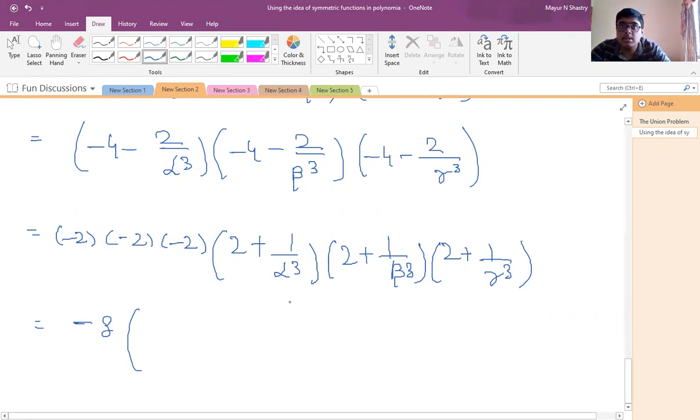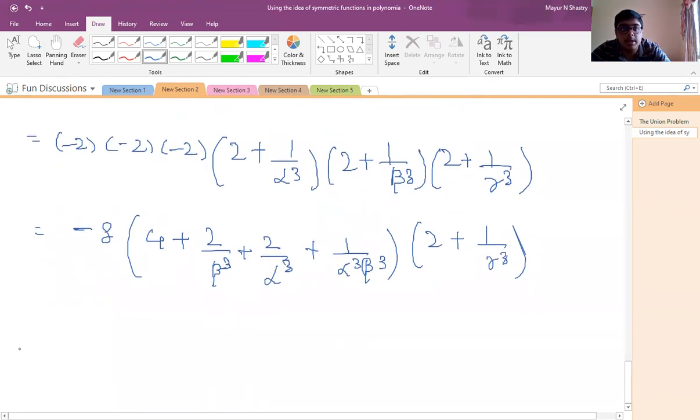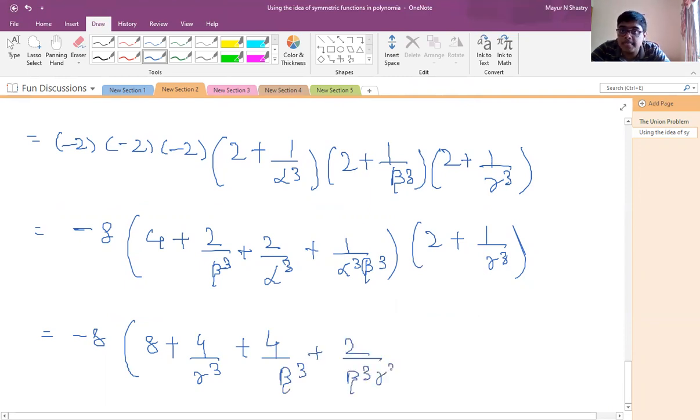So when we expand these two first, we get 4 plus 2 by beta cube plus 2 by alpha cube plus 1 by alpha cube beta cube. Then this multiplied by 2 plus 1 by gamma cube. So then we have a minus 8 times, so 4 times 2, that is 8, plus 4 by gamma cube, and 2 by beta cube times 2, so that's plus 4 by beta cube, and we get plus 2 by beta cube gamma cube.